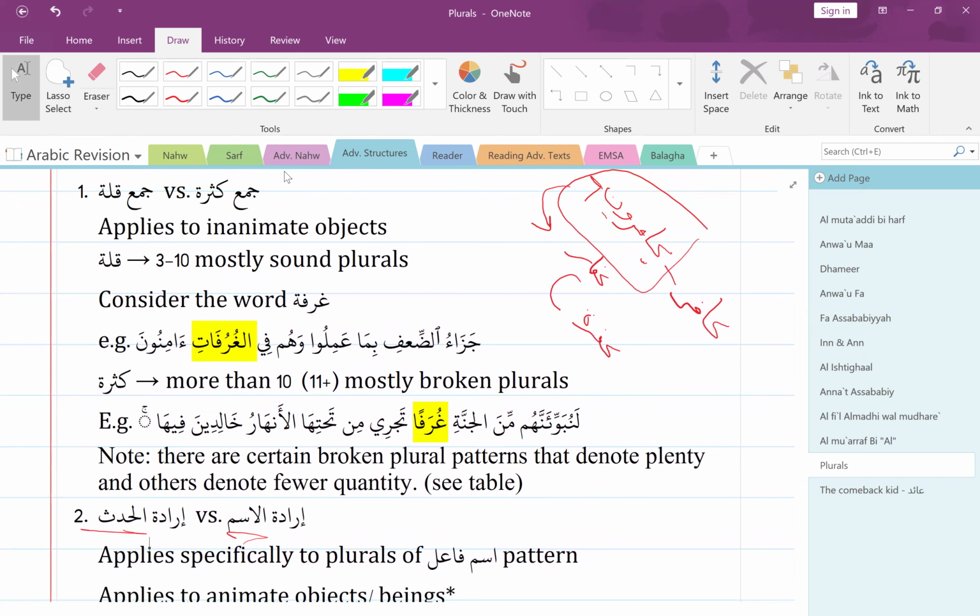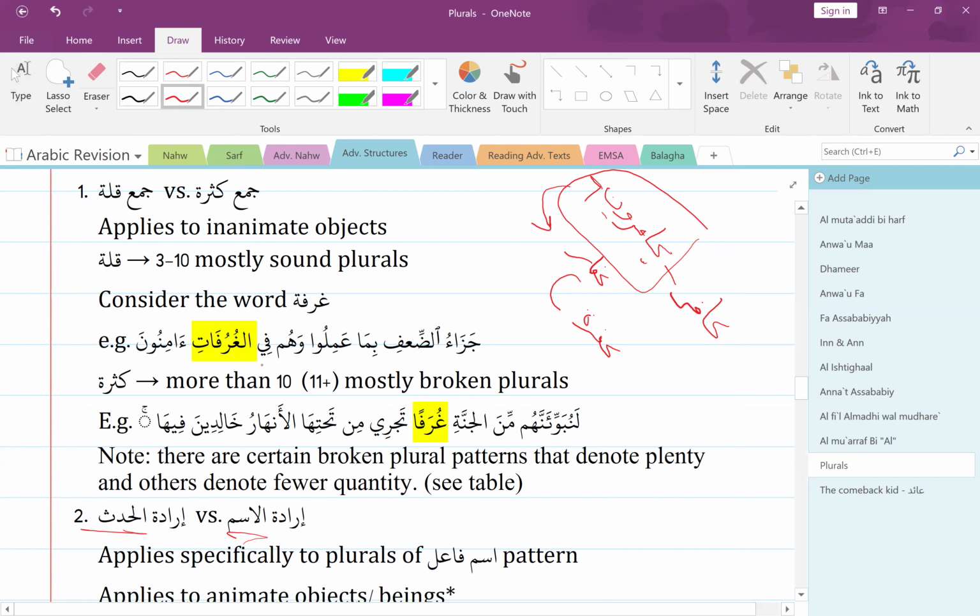Now, when we look at jam'u qilla and jam'u kathra, we have the word, for example, ghurfa. Ghurfa is a room. It has both a sound plural and a broken plural, because this discussion is only important if you have both. So you have ghurufat, and then you have ghuraf, which is the broken plural.